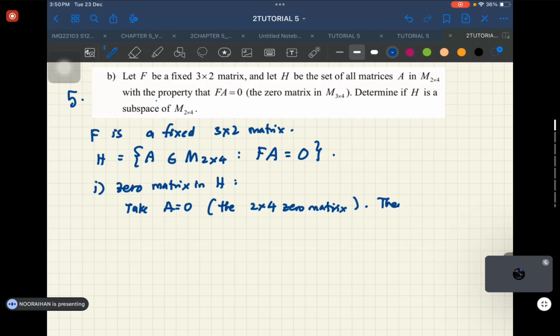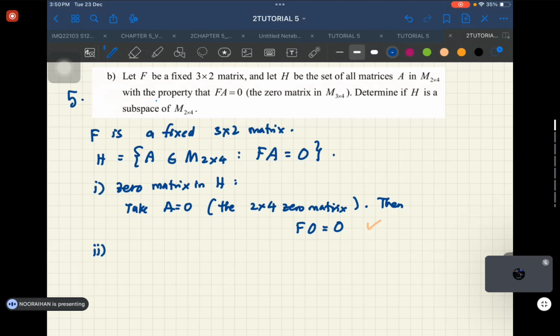Okay, then F0 is equal to 0. So it passes the first condition.